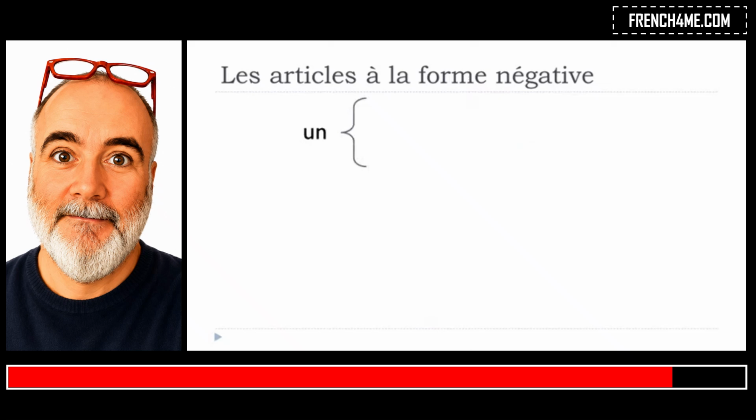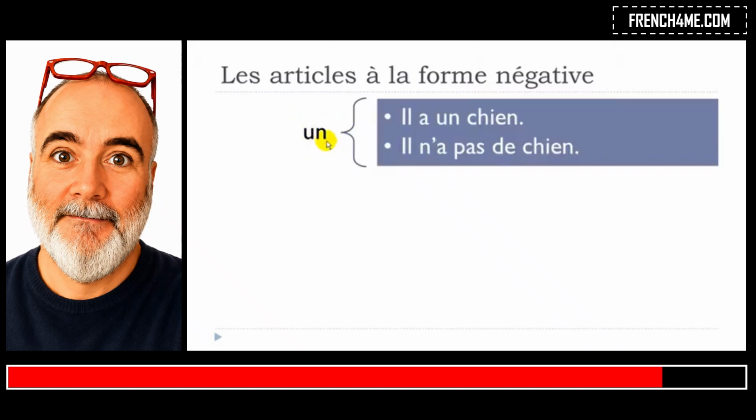Okay, so let's see the example for the article indéfini at the masculine form, like un, for instance. Il a un chien. Okay, un chien, a dog. And here we've got the verb avoir. Il a un chien. So keep in mind that if you want to transform this sentence at the negative form, then il n'a pas de chien.